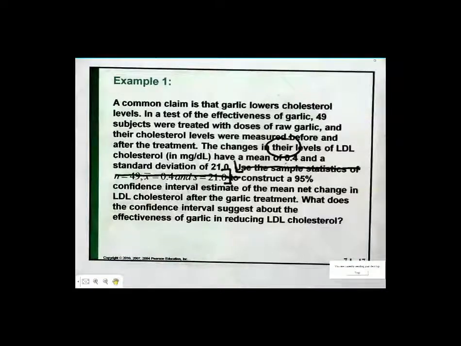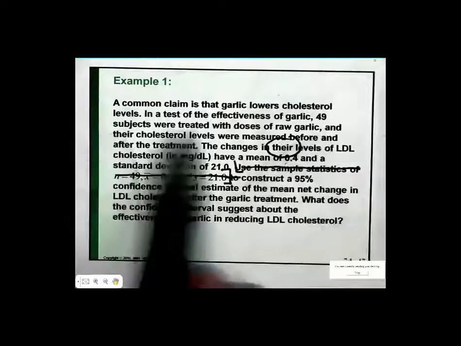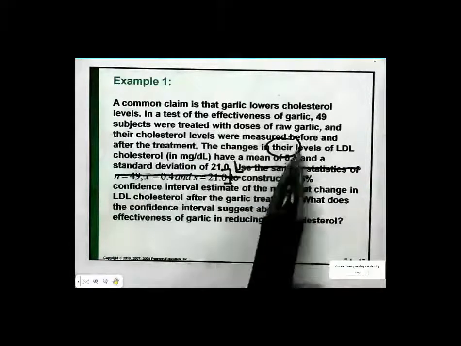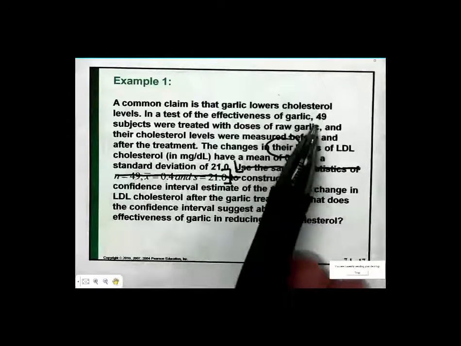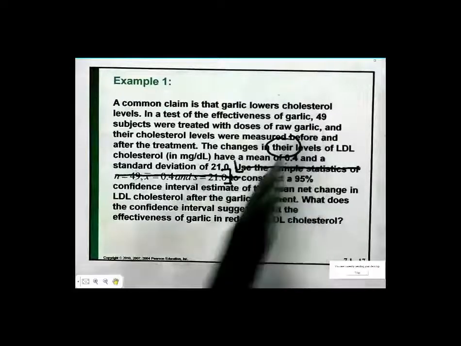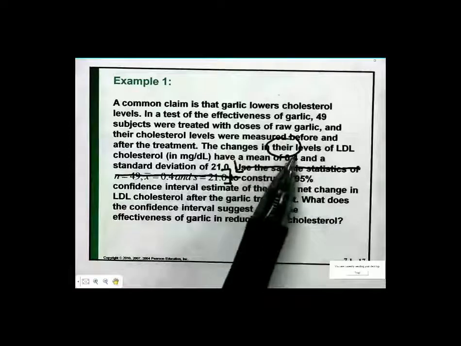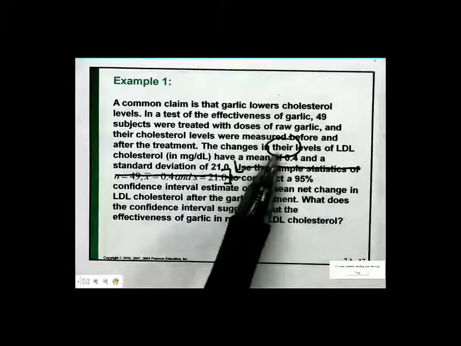The previous sentence said 49 subjects were treated, and their levels refers to these 49, not everybody in the world or everybody in the U.S. So you have to see what the standard deviation refers to. If it refers to the sample, then it's s. If it refers to the population, then it's sigma.